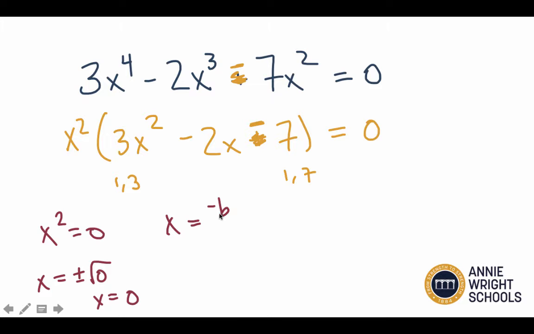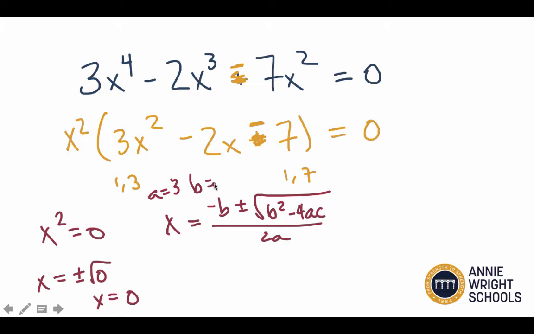The next thing that you can do is say, all right, well, x is equal to the opposite of b plus or minus the square root of b squared minus 4ac, that whole mess divided by 2a. Write down what a, b, and c are. A is 3, b is negative 2, c is negative 7. Plug in those values and solve for x. So x is equal to the opposite of negative 2 plus or minus the square root of negative 2 squared.